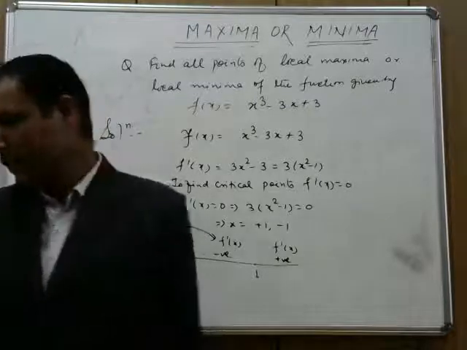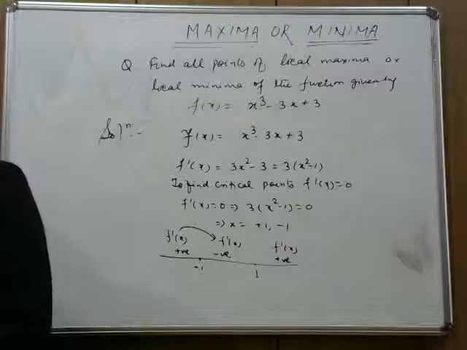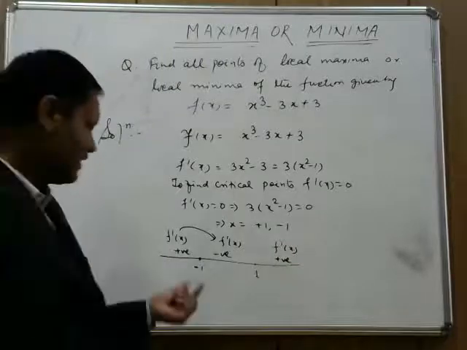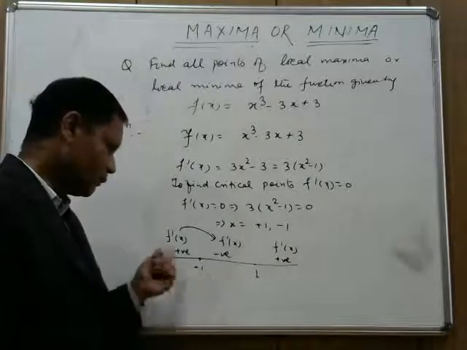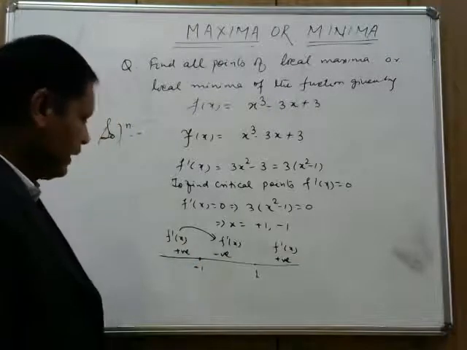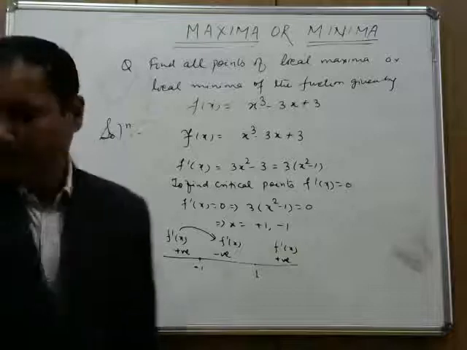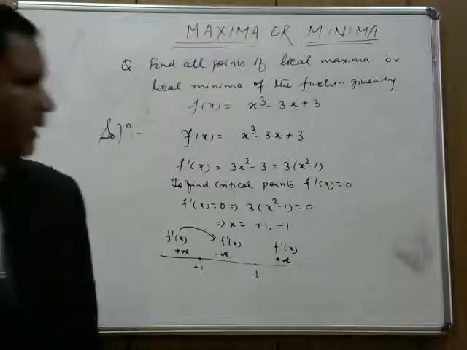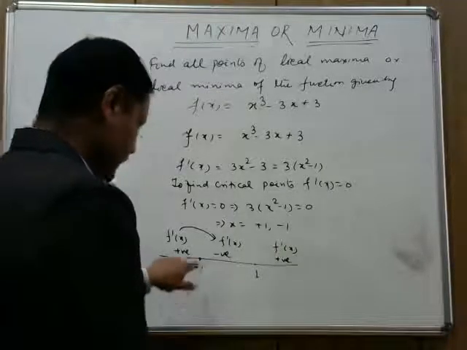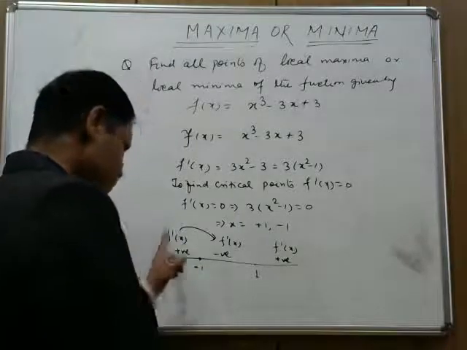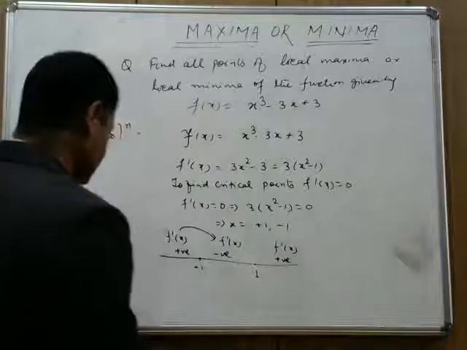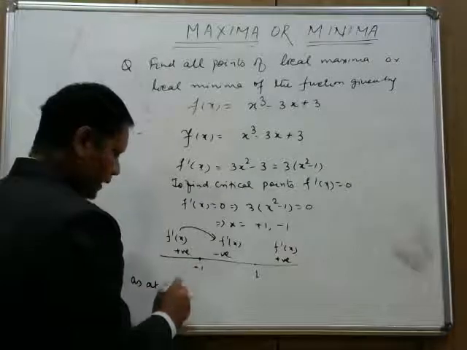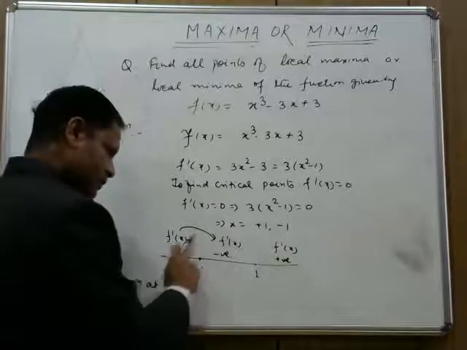And now if you remember, when the value changes from positive to negative, at -1 it is the point of local maxima, because at x is equal to -1 its value changes from positive to negative.